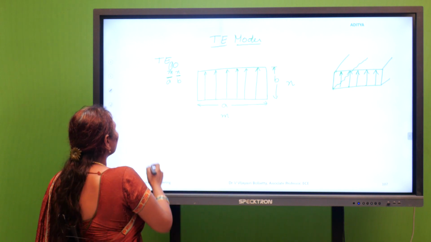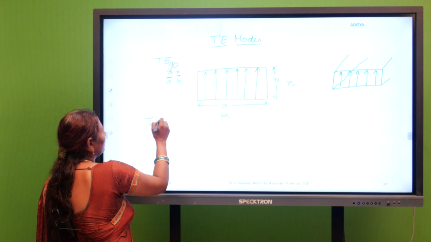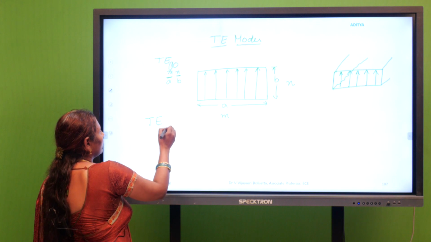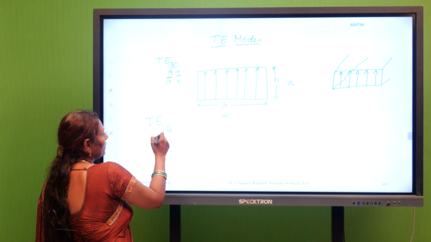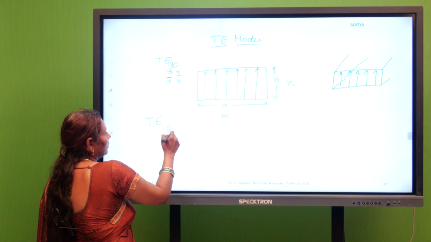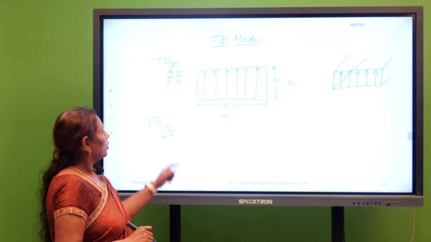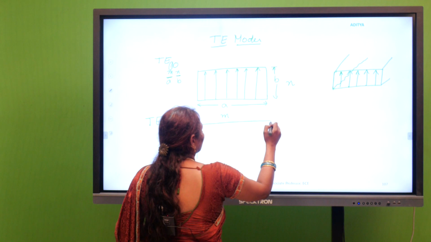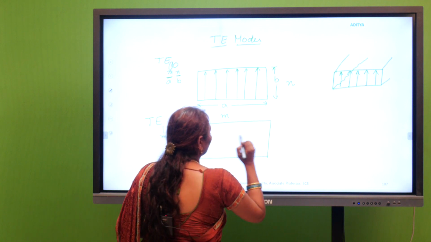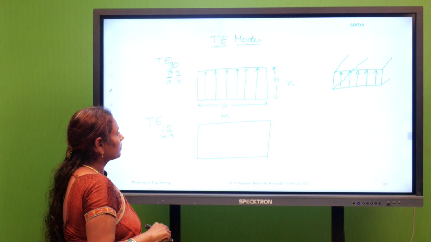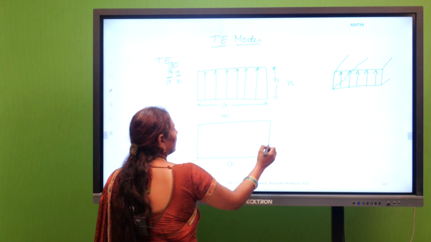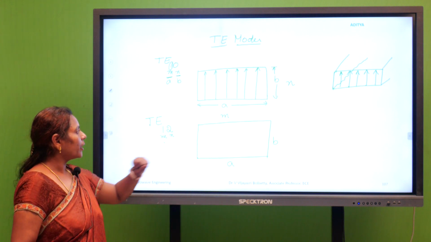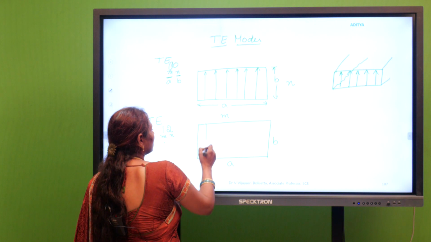For example, if you take TE12, that means M is 1 and N is 2. For this we draw the rectangular waveguide. This is A and this is B, and there is one variation onto M, that is onto A. So, we represent that variation.